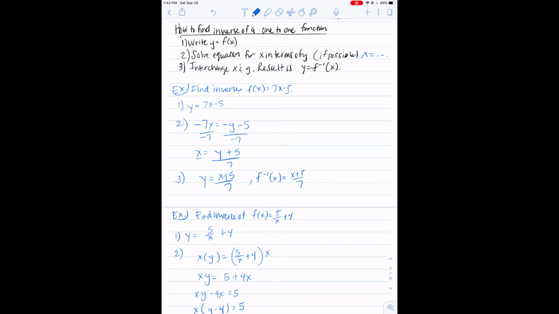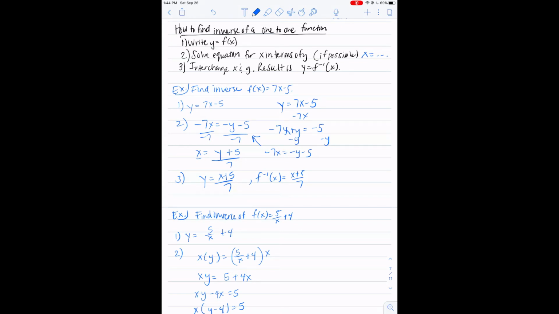I'm going to subtract my y to the other side, and then subtract my 7x. So I had y equals 7x minus 5, subtracted 7x, plus y equals minus 5. I've subtracted my y over here, and then I got negative 7x equals negative y minus 5.